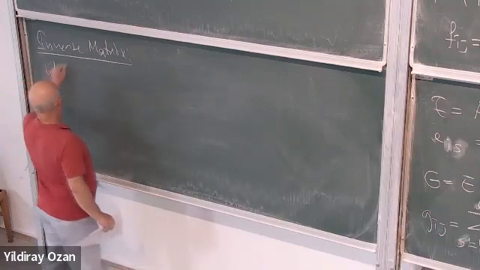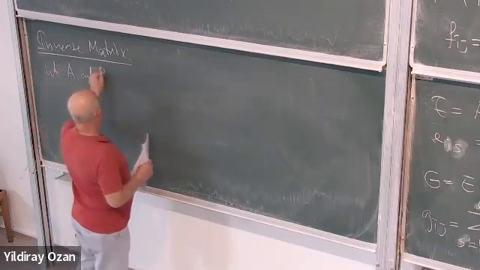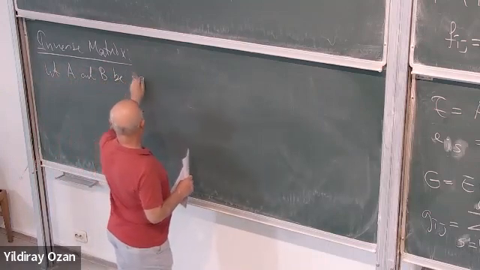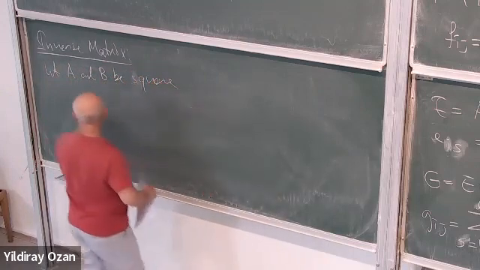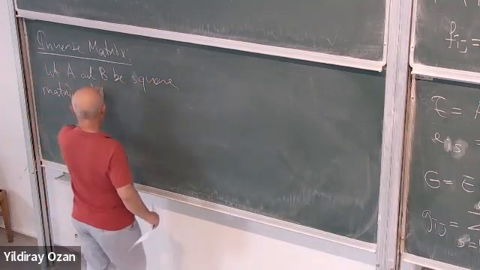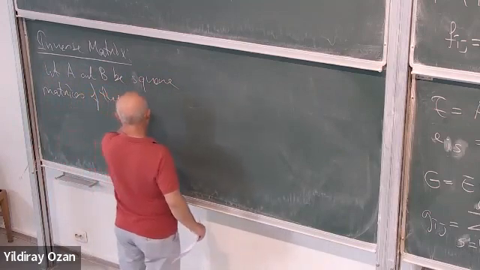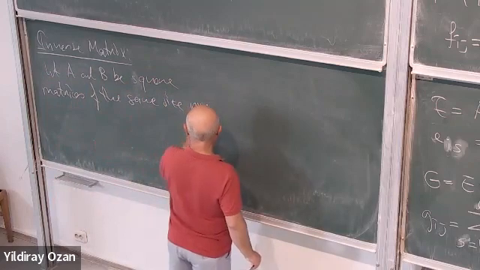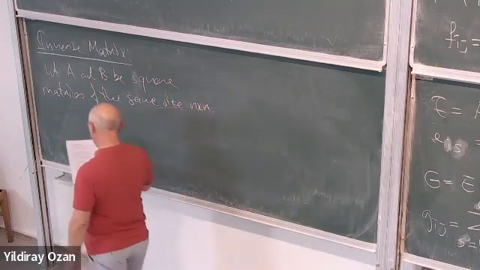Now, let A and B be square matrices of the same size, let's say n by n.